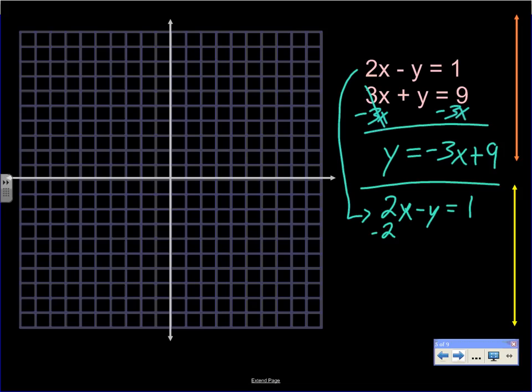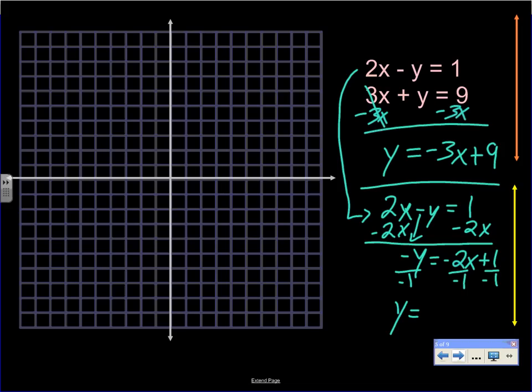We can subtract 2x from both sides. So don't forget your negative sign. Negative y is equal to negative 2x plus 1. And then we divide everything by negative 1. So our new equation is y equals 2x minus 1.